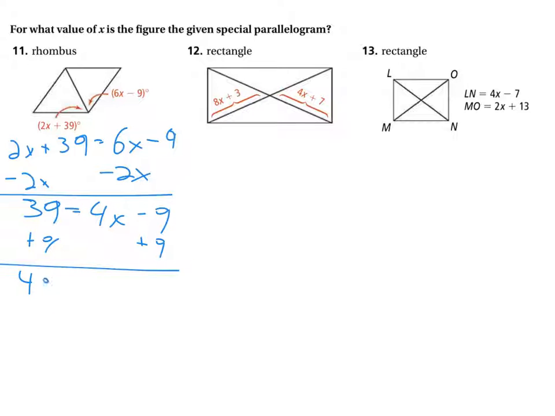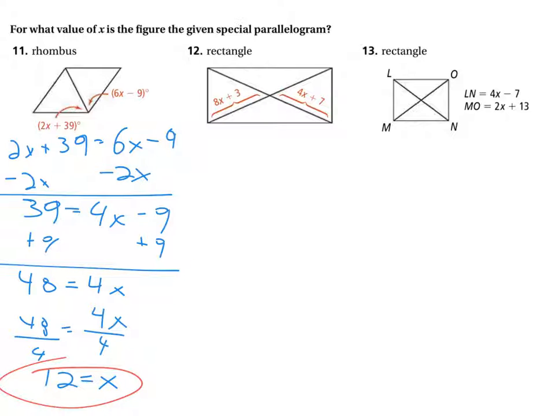You get 48 equals 4x. So then when you divide that by 4, you get 12 is equal to x. And that value of x is what's going to give you equal measures for those two angles.